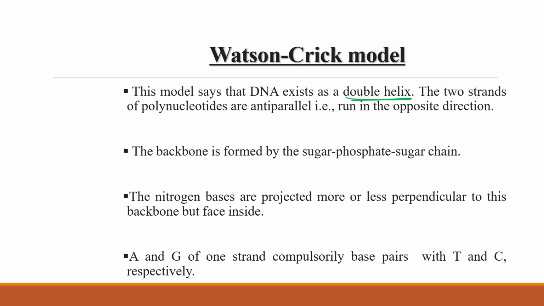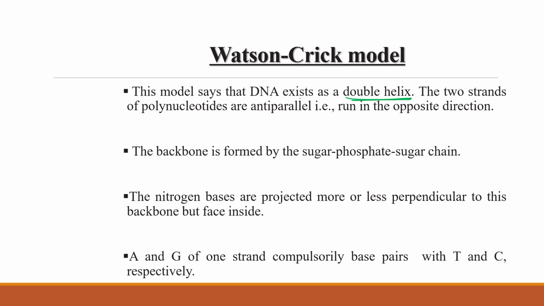In detail about this model, what kind of work they have done, and what other scientists were also involved, who did the X-ray crystallography, that we will discuss in the genetics part. Right now we are in the macromolecule chapter, so we just have to understand the types of nucleotide, nucleoside, and total nucleic acid, right?